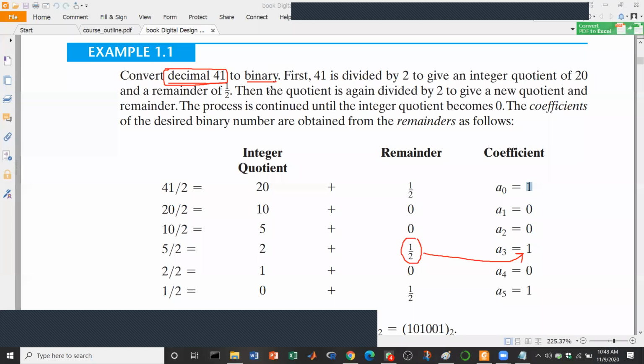Otherwise, in elementary classes, we get a question like this: 41, and it is written that it is base 10, and then it is equal to, and then we have a blank space, and then here it is written as 2. So we understand from here that we have to convert this decimal number because of this 10 to a binary number or base 2 number because of this 2.